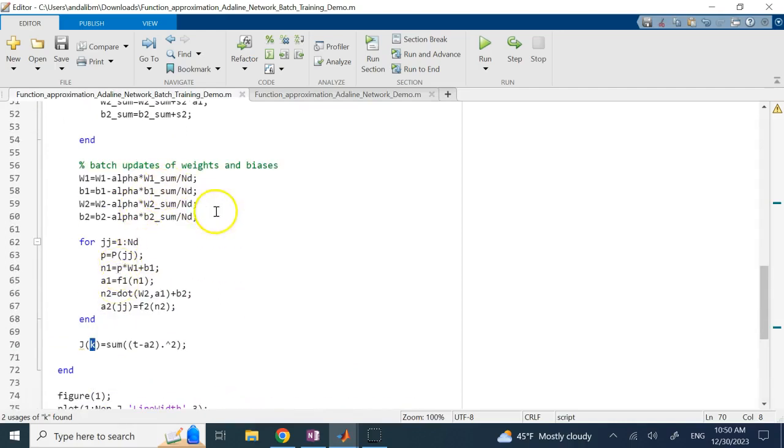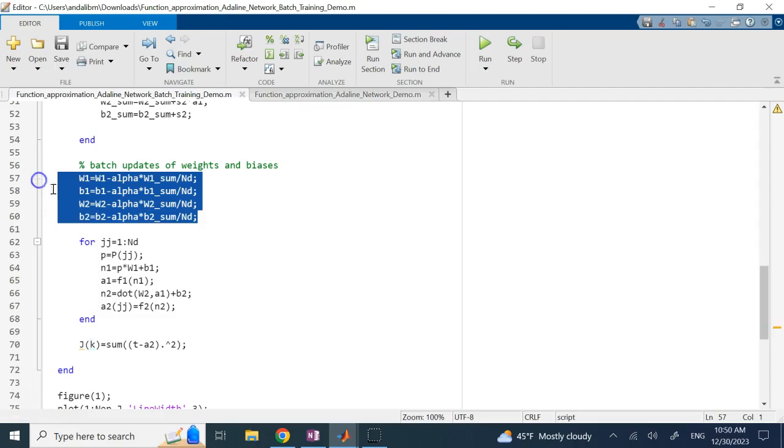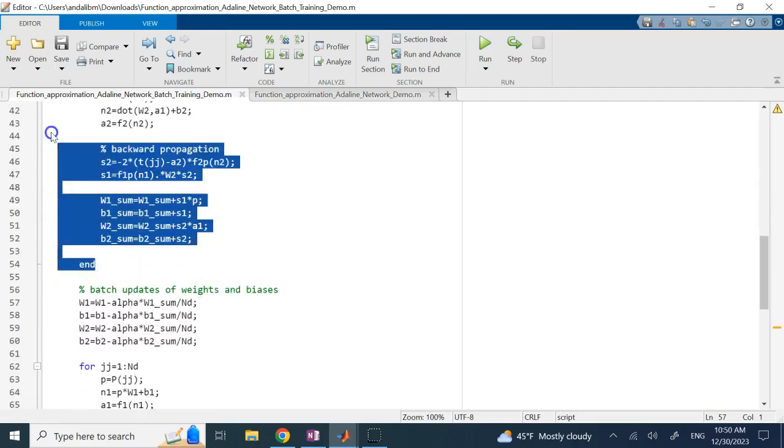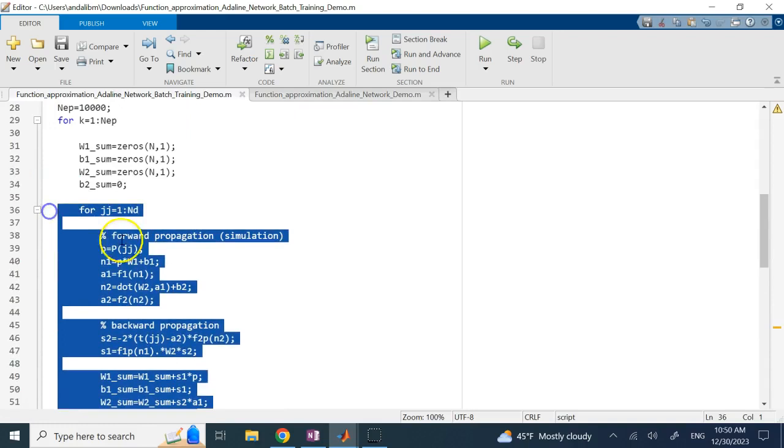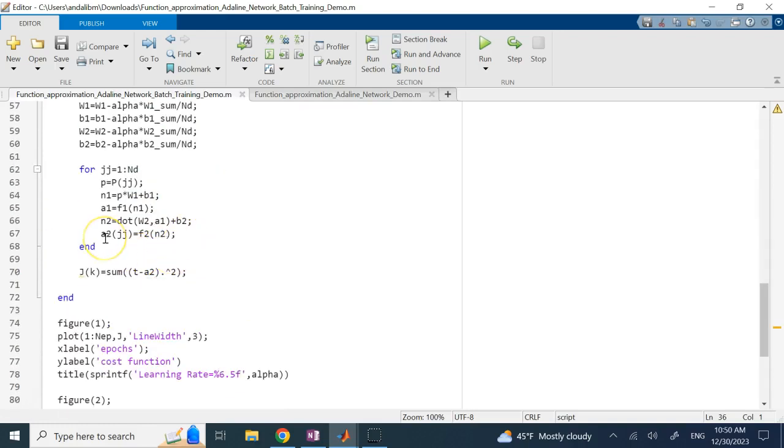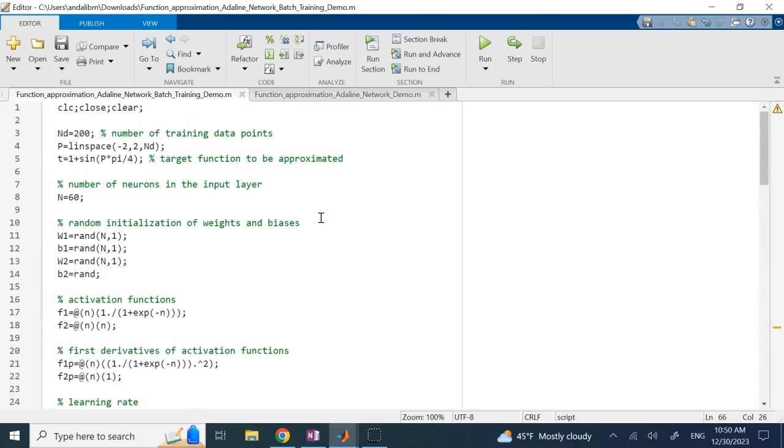So you see here, the batch update of the weights is done outside the loop for the data points using the average values. And you might say, well, that is going to smoothen out all of the small updates through each one of the inputs, and so that should give you a lot better performance.